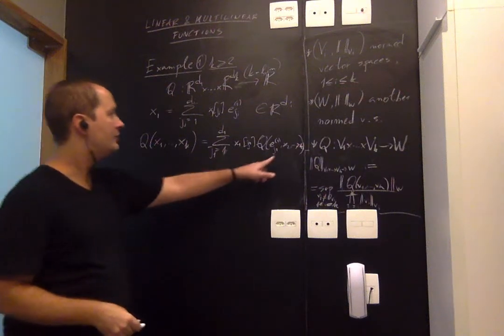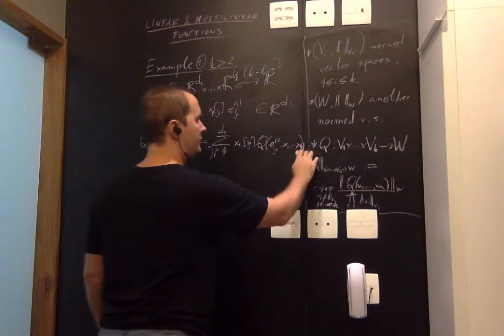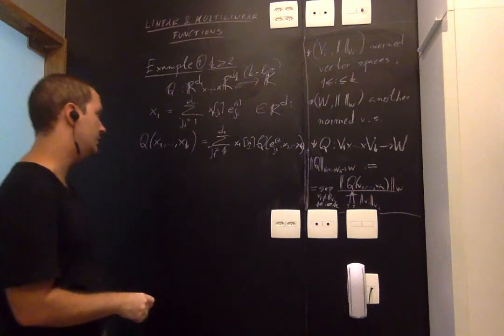Now I can repeat that for the second coordinate, because this is multilinear, so it's also linear in the second coordinate.